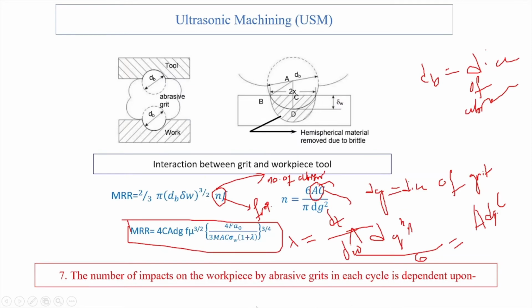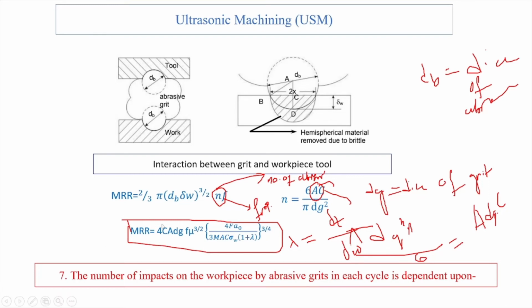As we have seen, the abrasive grit size is denoted as dg. In each cycle it is dependent on the diameter of the abrasives. The number of impacts on the workpiece, denoted as n, and the abrasive grit size dg are highly dependent on the diameter of abrasives.